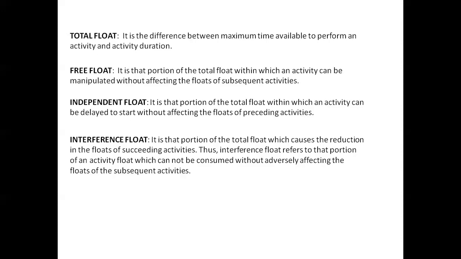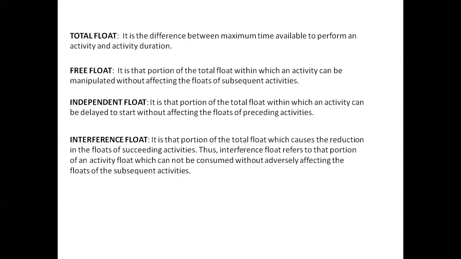Whereas the free float is calculated by taking the difference between the total float and the slack of the head event of a particular activity. And the independent float is the reverse of the free float. It is the difference between the free float and the slack of the initial activity, the tail event.